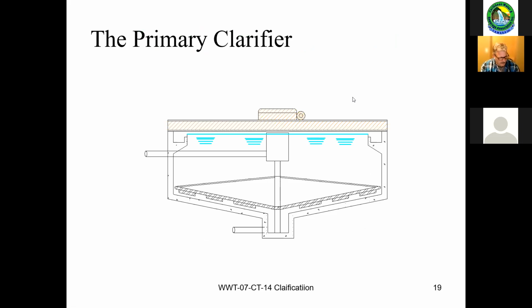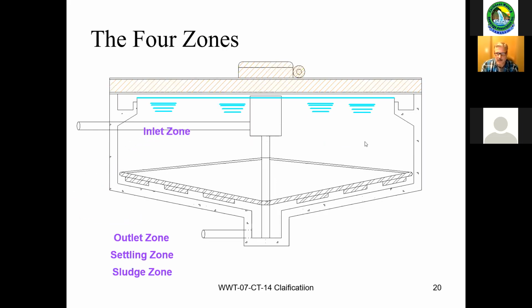So your primary clarifier, whether it's circular or rectangular, they do the exact same thing. A lot of plants have a primary clarifier that is circular, and it looks almost identical to a secondary clarifier. We'll take a couple minutes here to talk about the different zones, and then we'll take a break in a minute.